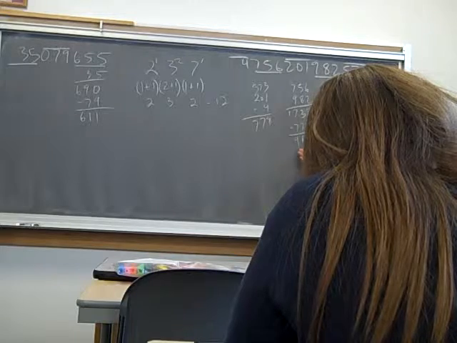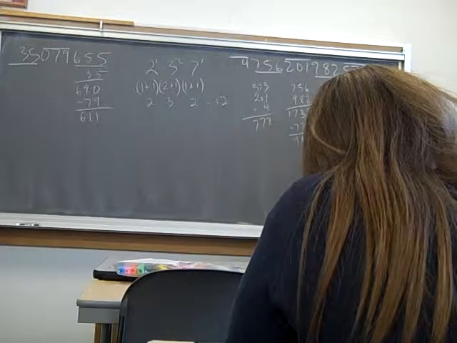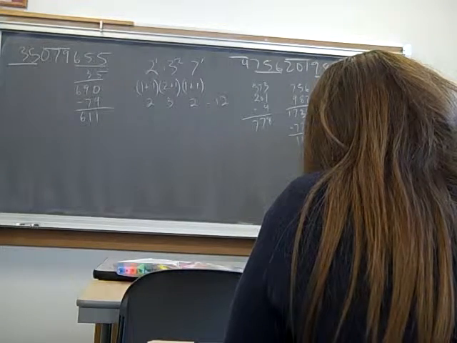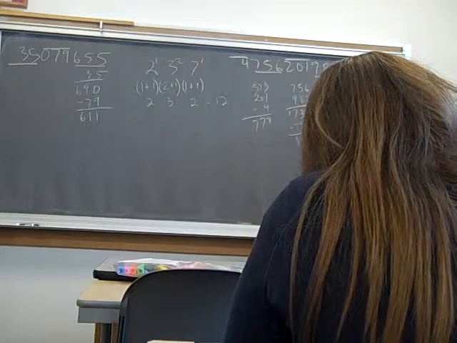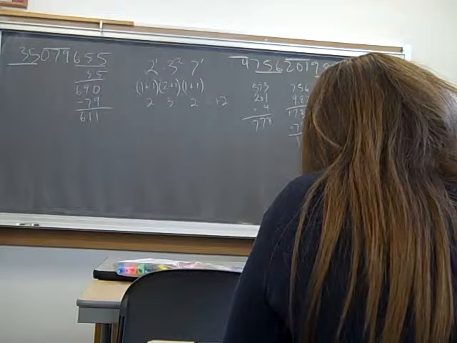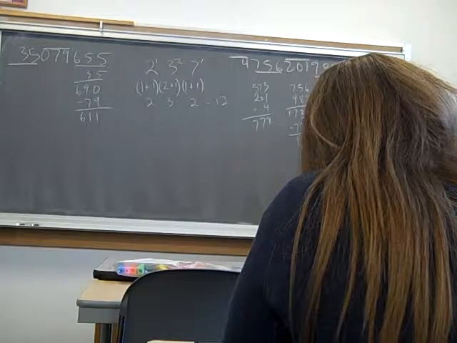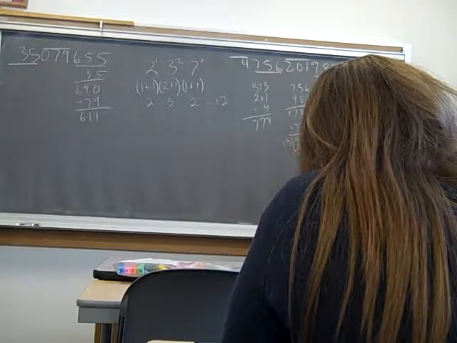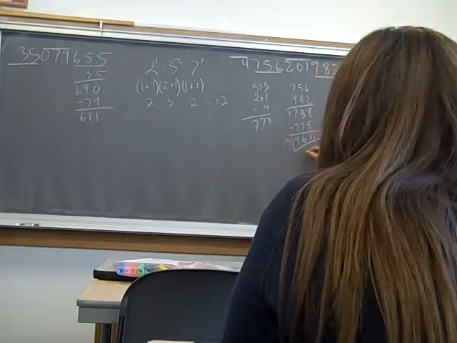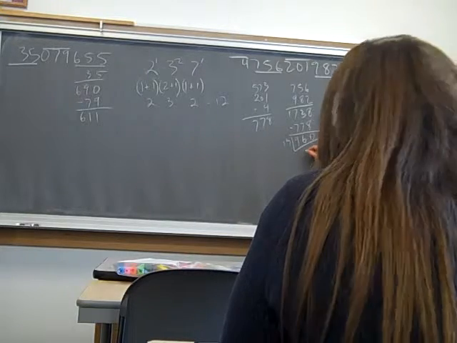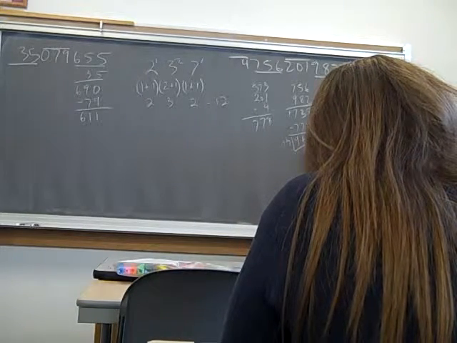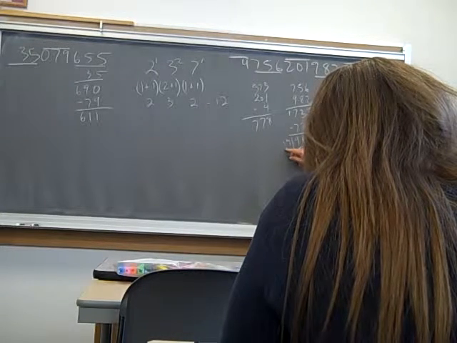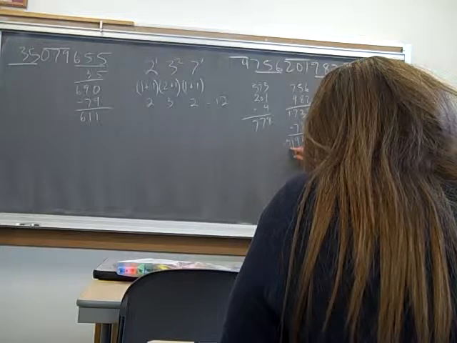And let's see here. 13 goes in 26, 39, 52. How many times will it go here? 13. 5 would be 65. 7 would be 91.